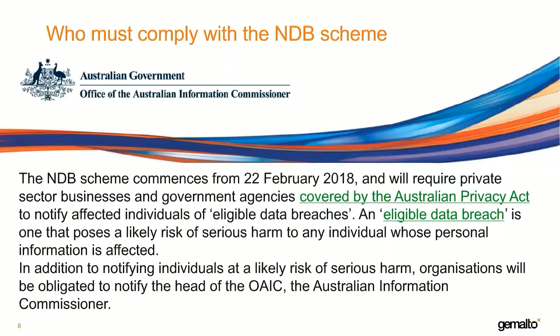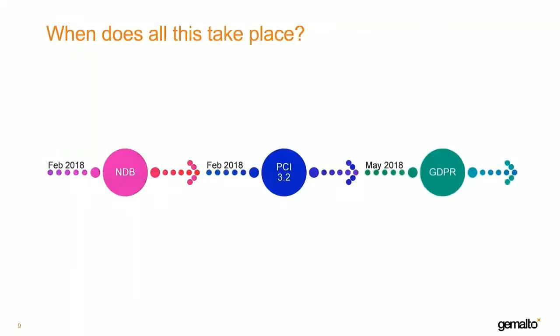Now, if we look at what that actually means, effectively we've got a lot taking place over the next 6 months or thereabouts. So in February, we have the Notifiable Data Breach amendment coming into place.